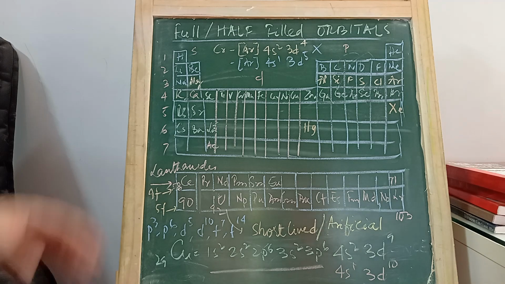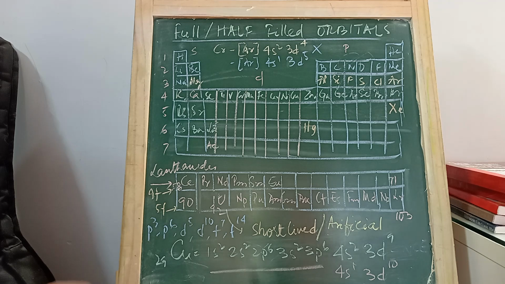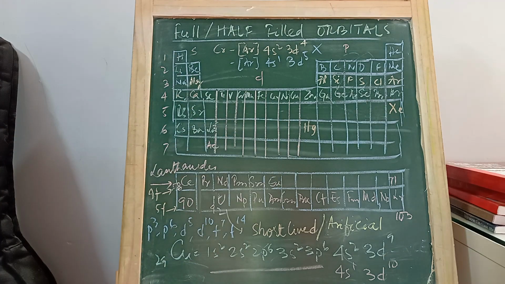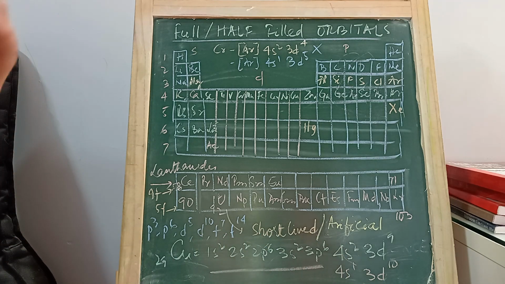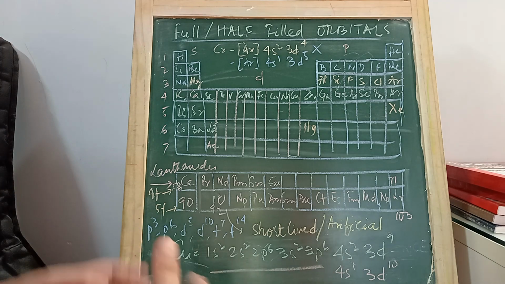Whatever elements we have discovered and those artificially produced, we'll try to understand how the electronic configuration is related to the periodic table, and what are some special elements where the electronic configuration is not normal. There's some exception in writing that.